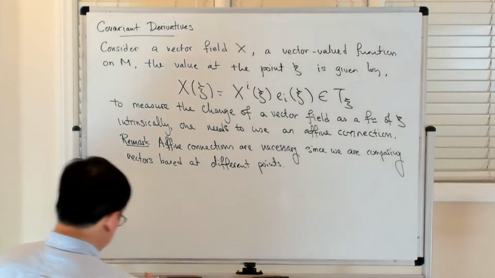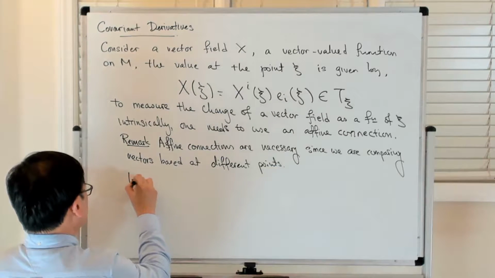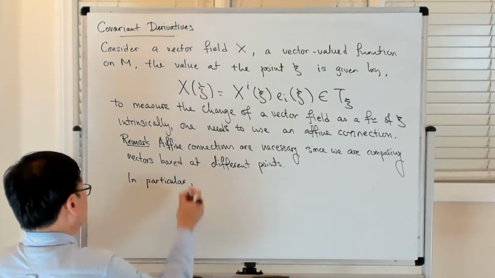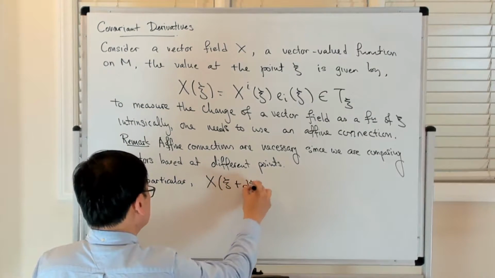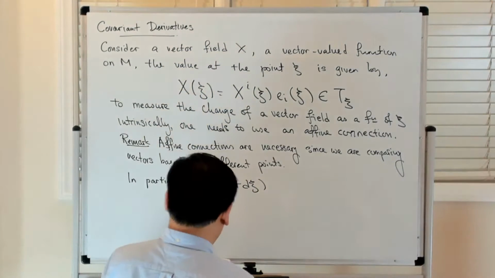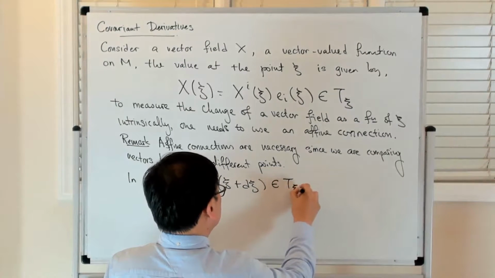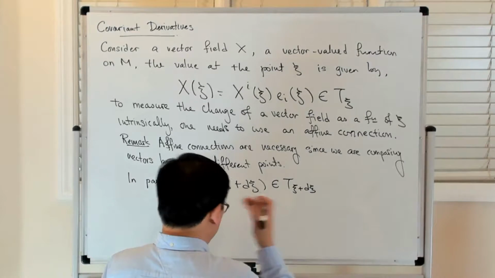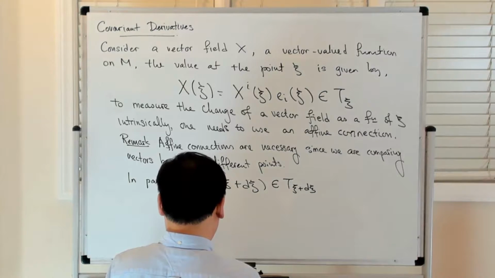In particular, I need to look at the vector field at a point c plus a slight perturbation, so the vector field at a nearby point, which is in the tangent space to this perturbed point, and then move it to the tangent space at c.